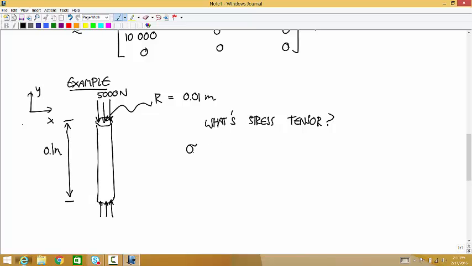And so the YY stress is equal to, this is compression, so you have negative 5,000 divided by that cross-sectional area, which is pi times 0.01 squared. What do you get if you divide that? Negative 1.59 × 10 to the 7. Okay, pascals.